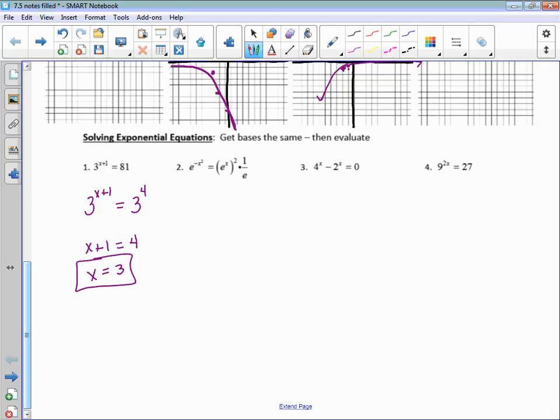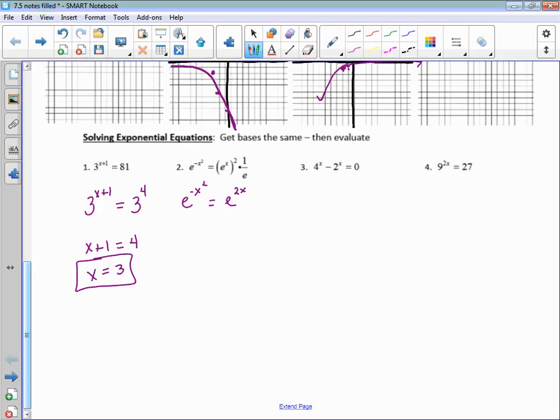Alright, let's do number 2 together, because I'm throwing some e's in there for you. You guys remember e? It's just a number, okay? It's like pi, don't panic. Alright, so I'm going to leave this -x² alone. And then this is just testing to see if you remember your exponent rules. So e to the x quantity squared, that is e to the 2x.